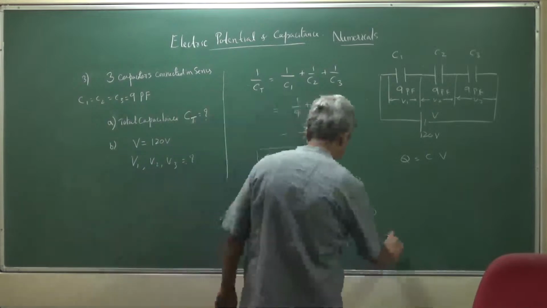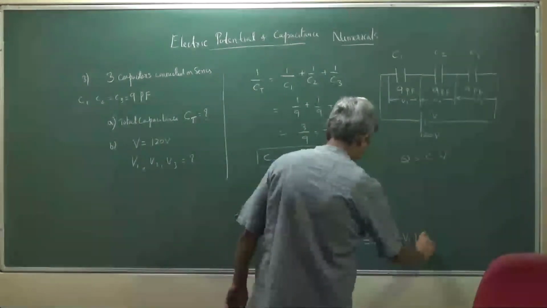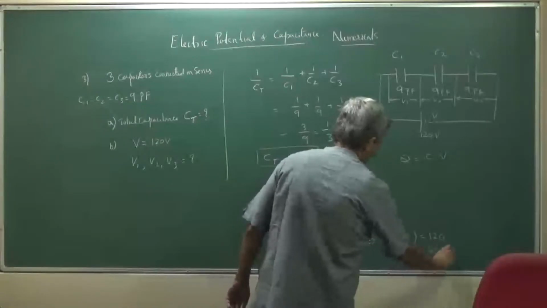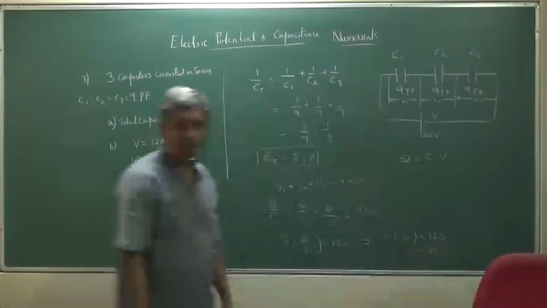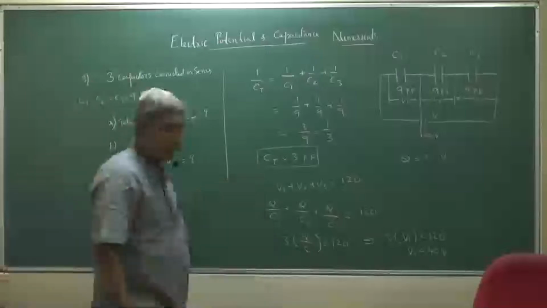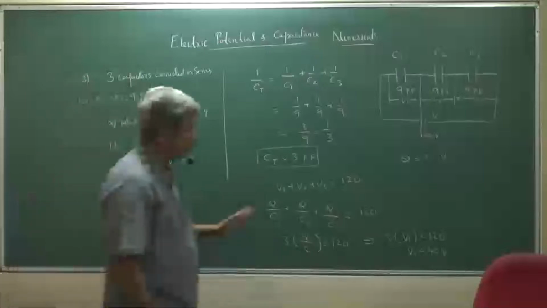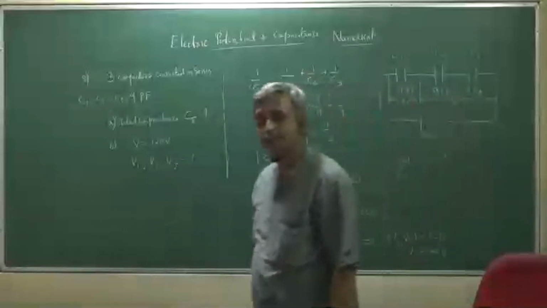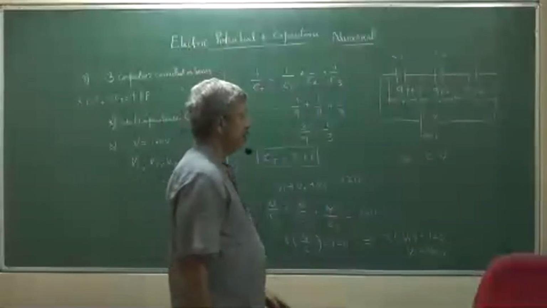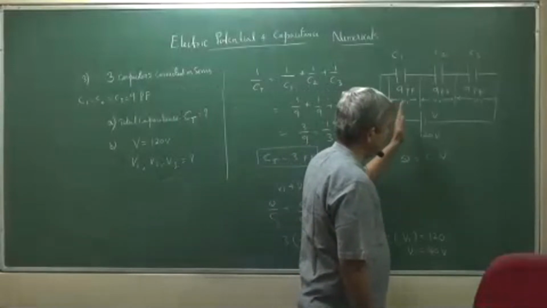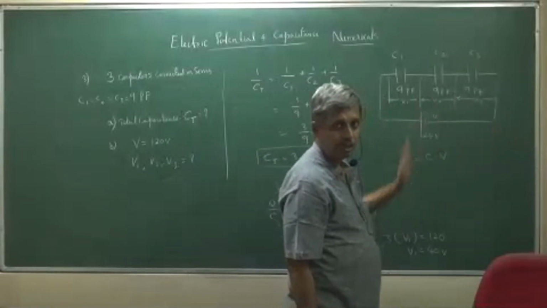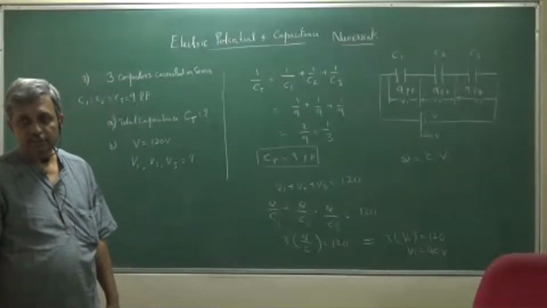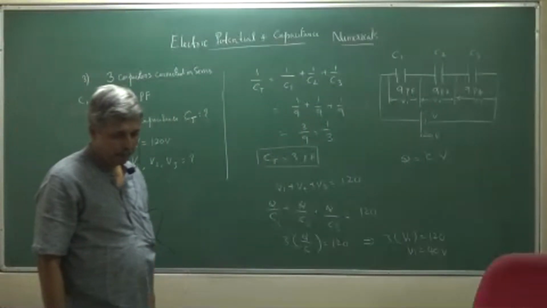This means 3 into V1 is equal to 120. V1 is equal to 40 volts. And V2 also is equal to 40. I just went through the process, but you know that if the capacitance is the same, equally voltage has to be divided. If you have to divide the voltage equally, that means basically 120 will become 40, 40, 40. So equal division, and hence it will become 40 each one. So that is the answer. Okay.